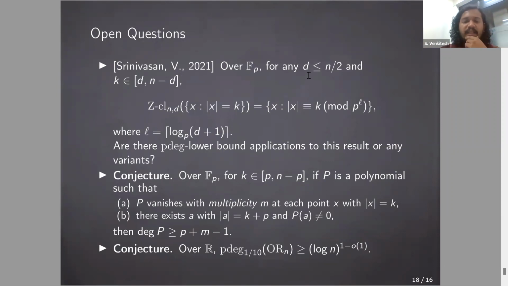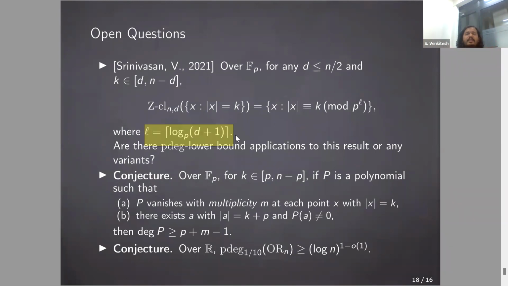For any degree d, if you take a layer k between d and n minus d, then the degree d closure of the layer k is in fact the set of all layers with Hamming weight equal to k mod p to the L, where L is log d plus 1 to the base p, but nothing complicated about it. L is simply the number of digits required to represent d in base p. That is what L is.